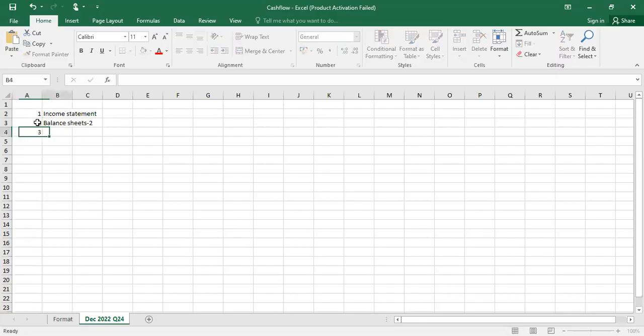And then thirdly, there will be additional info. Now, the income statement will be given for the current year. And for the balance sheets, you will have two: one for the current year, and also one for the prior year.